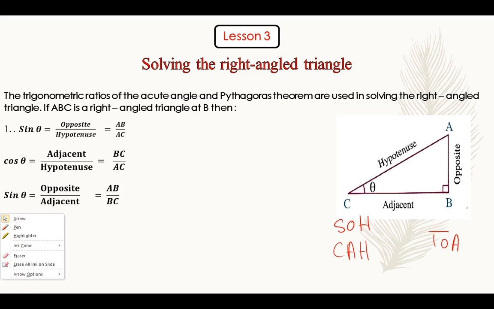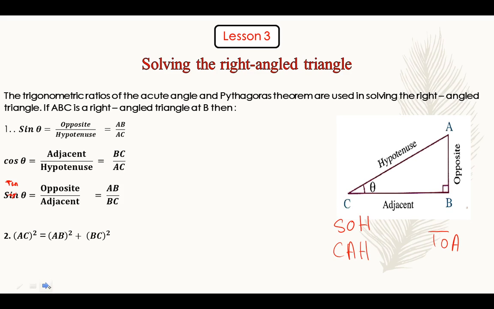This is tan theta, not sine theta. Tan theta equals opposite over adjacent, so it will be equal to AB over BC. And we also use Pythagoras theorem, and we all know that AC power of 2 will be equal to AB power of 2 plus BC power of 2.